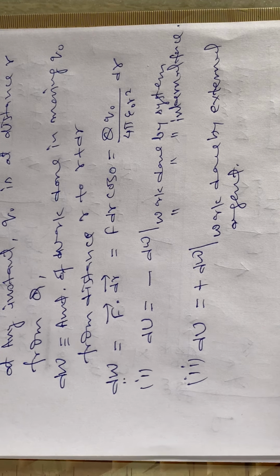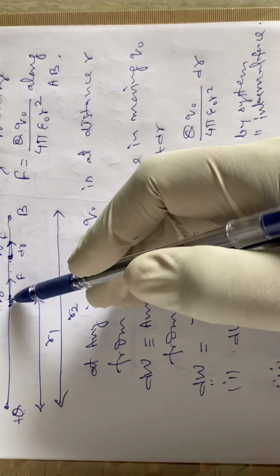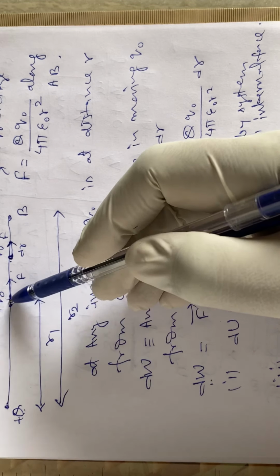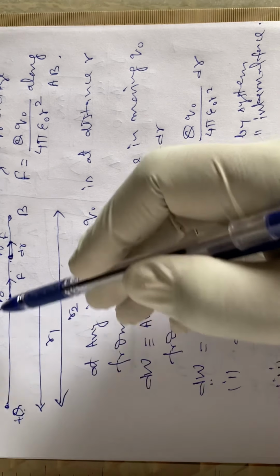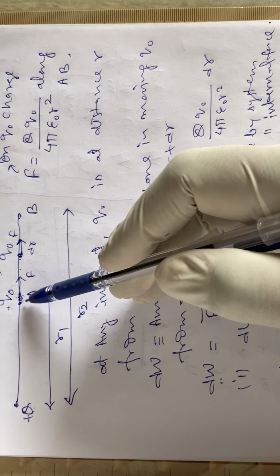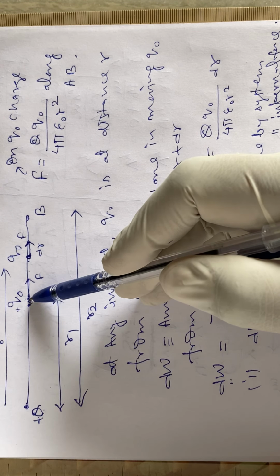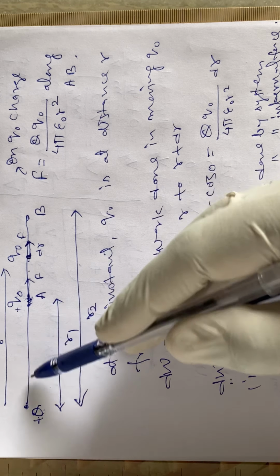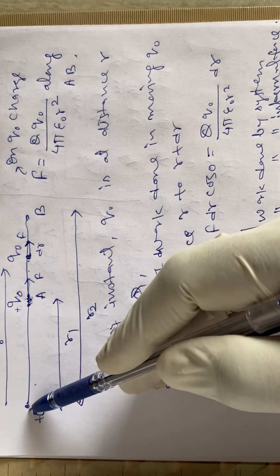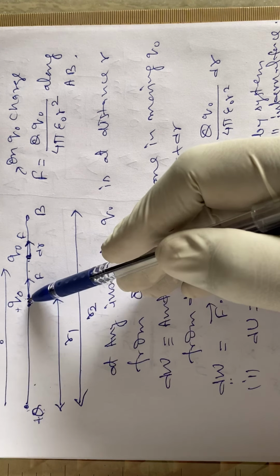Here in this situation you can see this Q naught charge is repelled by the charge Q. That means the force acting on Q naught is the Coulomb force created by the charge Q, and that is the system force.